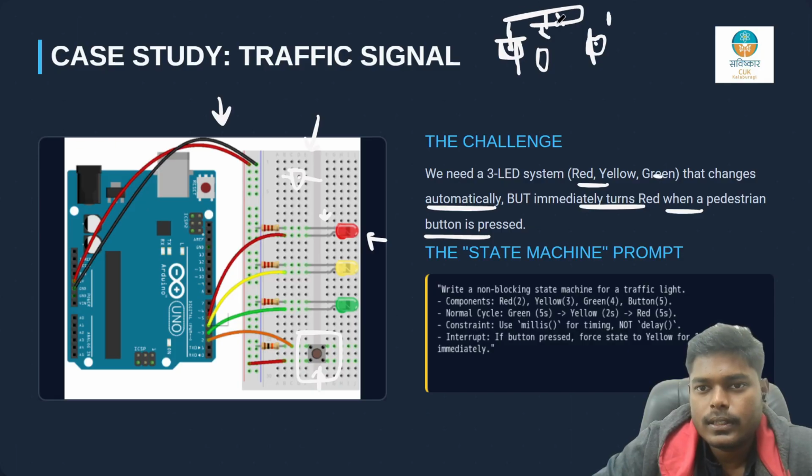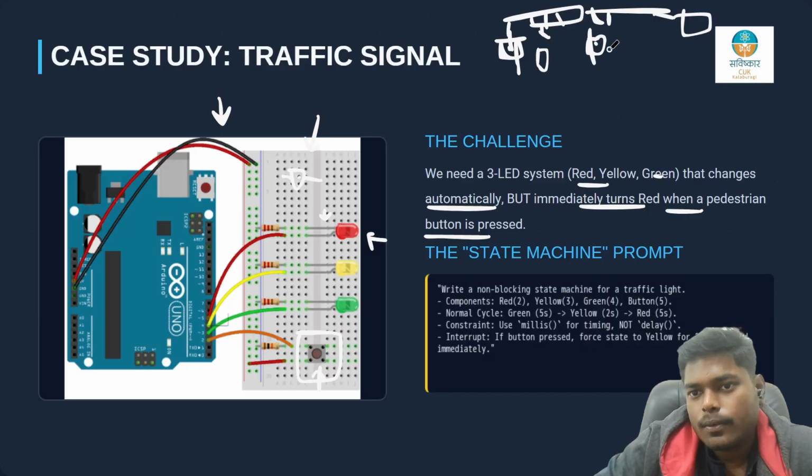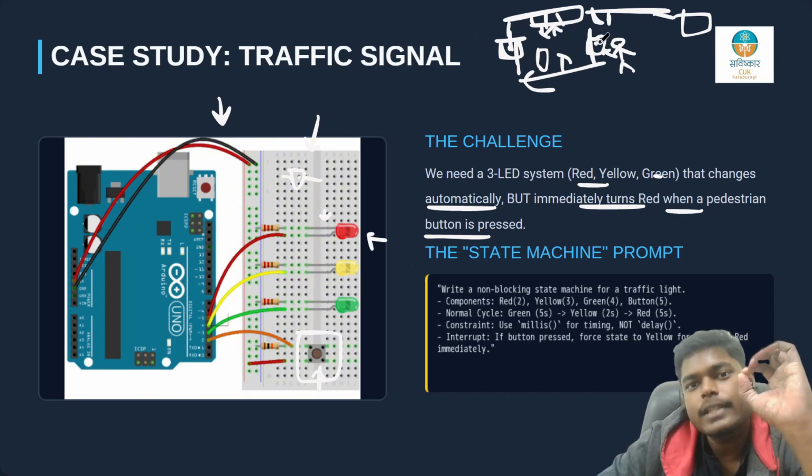So it is controlled by a controller or automatic timer. But what if a pedestrian came and sees the traffic is going on, the signal is green, but he needs to cross the road, right? He will press the pedestrian button.